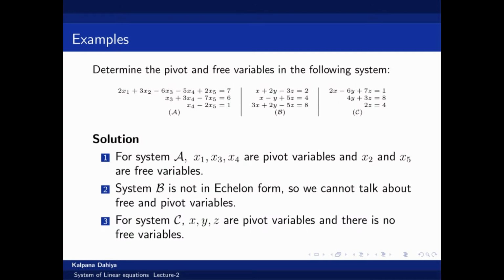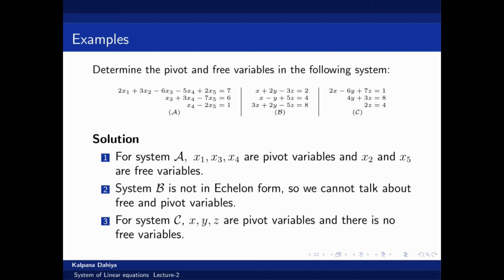Consider these examples for more clarity about the definitions of pivot variable and free variable. Consider first system A. We have 3 equations and 5 variables. First check whether this system is in echelon form or not. The first equation is 2x1 plus 3x2 minus 6x3 minus 5x4 plus 2x5 equal to 7.